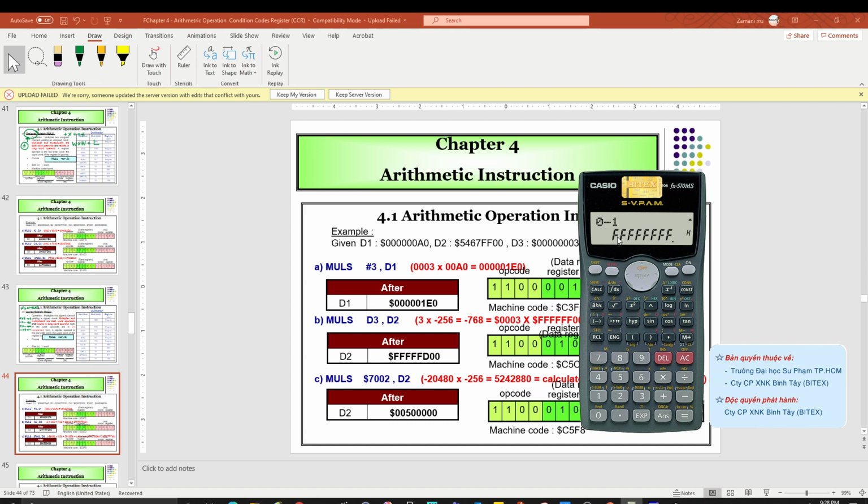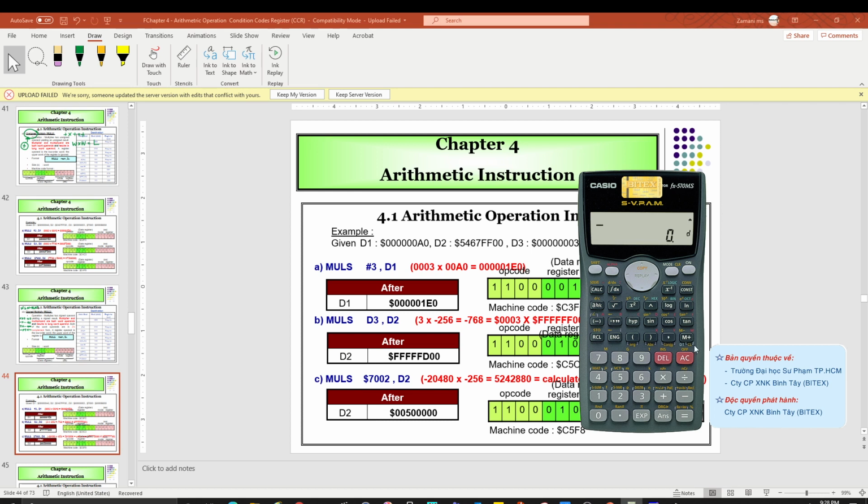If you have a number whose MSB is 1, it can be a negative number. So let's try, put 8 Fs: 1, 2, 3, 4, 5, 6, 7, 8. So it's a negative number. As long as the MSB is 1 over here, it will be a negative number.